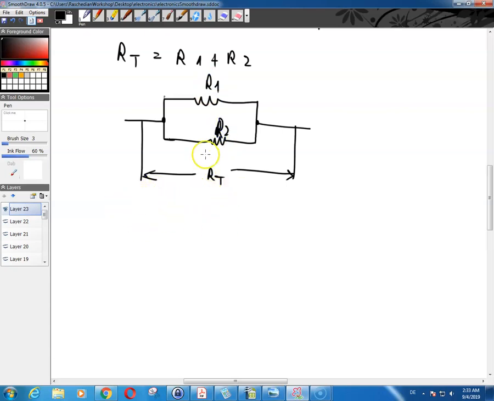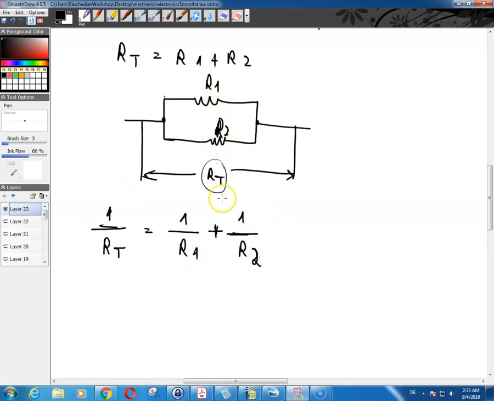Then 1 over R of T is going to be equal to 1 over R1 plus 1 over R2. So the reciprocal of R of T is equal to the sum of the reciprocals of these two resistors.